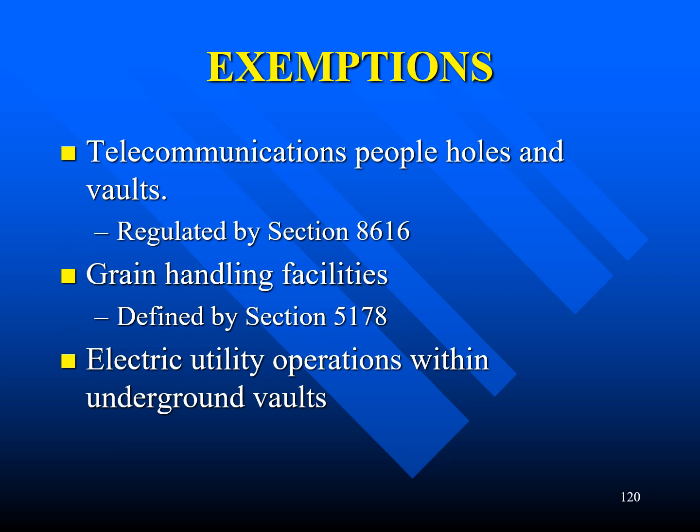Other exemptions include telecommunications, manholes, and vaults that are regulated by 8616. Now, all these sections are from the California Code of Regulations. Grain handling facilities as defined by Section 5178, and electric utility operations within underground vaults.